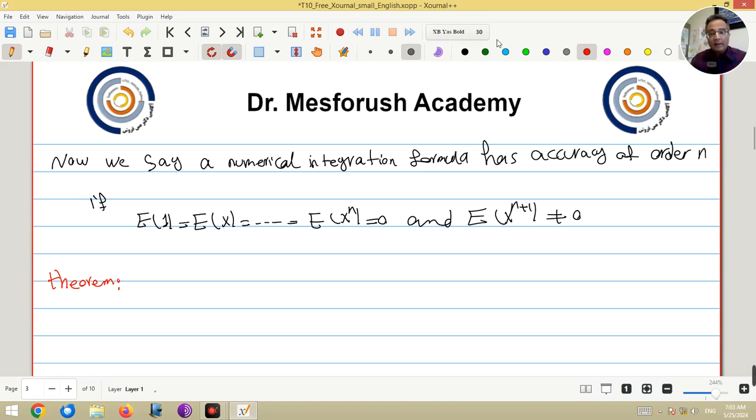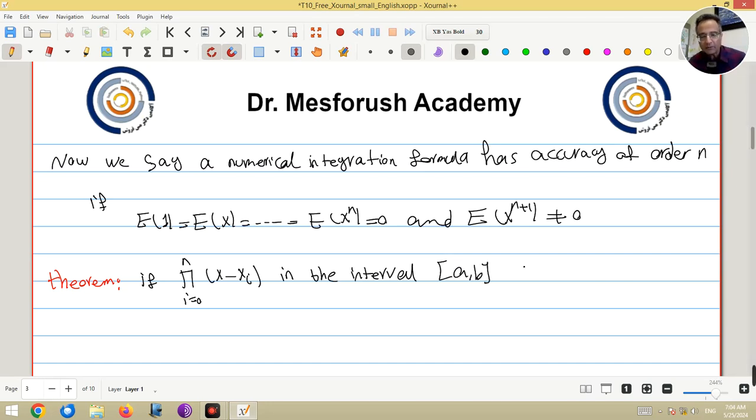If the product for i from 0 to n of x minus xi in the interval [a, b] has a fixed sign, it means that the sign of this term does not change in the interval of the integration.